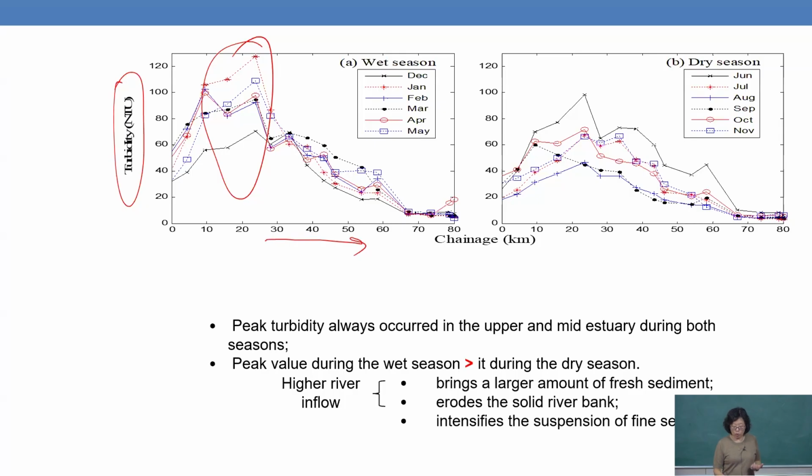In the dry season, the peak turbidity zone is relatively not that obvious, but still concentrated in this area. Estuaries always have this; it depends on the ratio between the tidal flow and the discharge from the upstream. But that is where we are able to identify these locations.